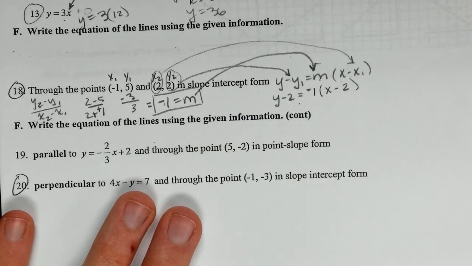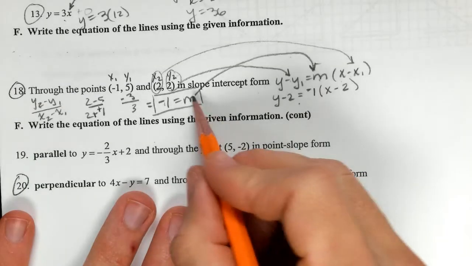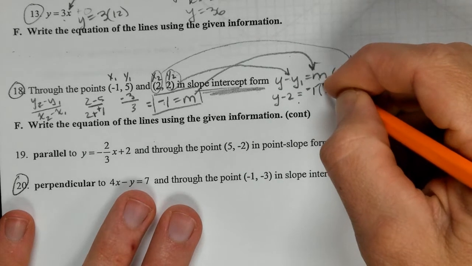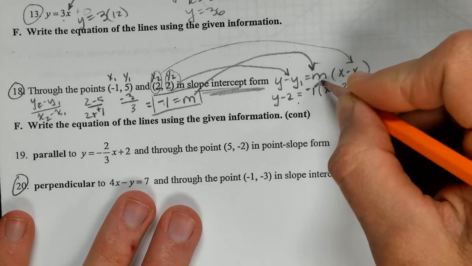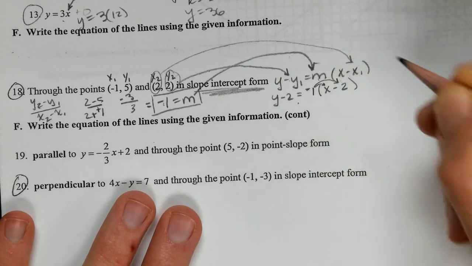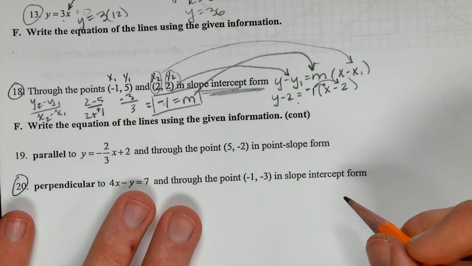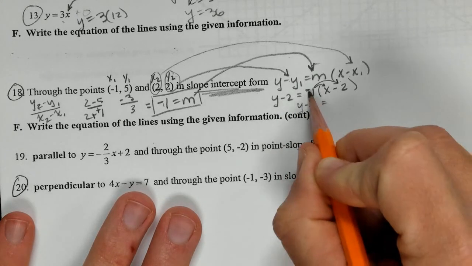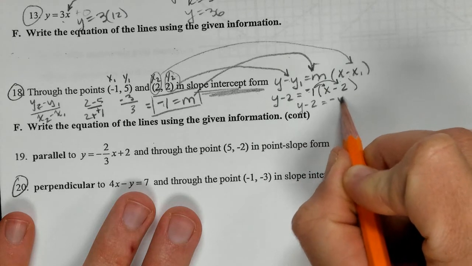So we're there. Now, to convert to slope-intercept form, my first step is to distribute the slope. So I've got a negative 1 multiplied by the x and a negative 1 multiplied by the negative 2. Y minus 2 equals negative 1 times x, which is a negative x.